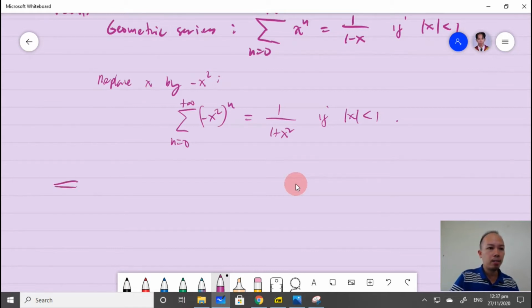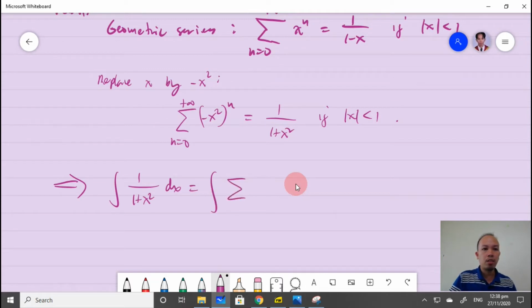So this implies that the integral of 1 over 1 plus x squared dx is equal to the integral of the summation of negative 1 to the n, x to the 2n, where n starts from 0 to positive infinity, dx.